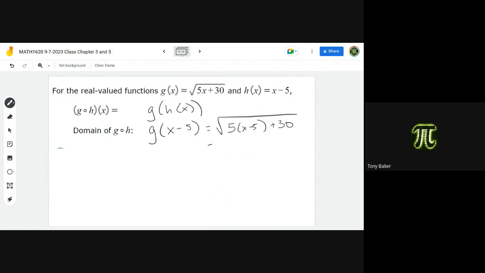So we can simplify that down a little bit. And we end up getting 5x plus 5 is the final simplification of it. So that's the answer for the first part.